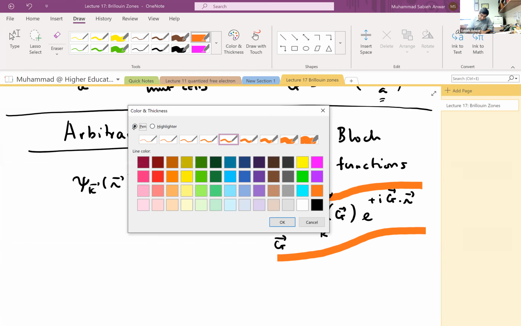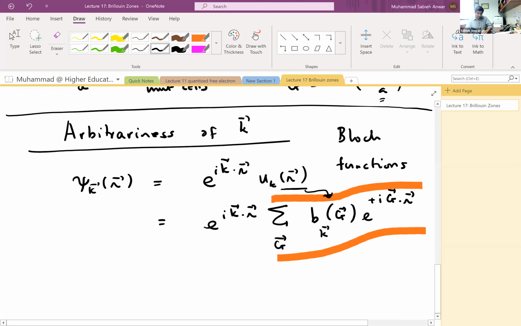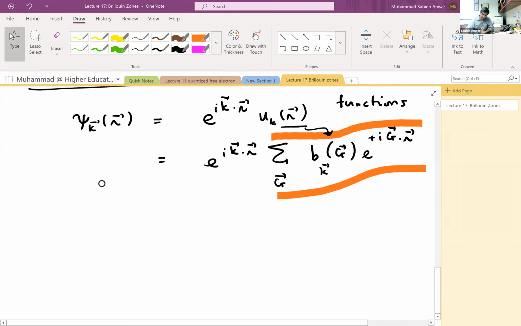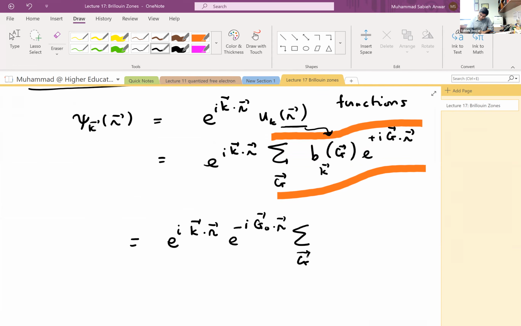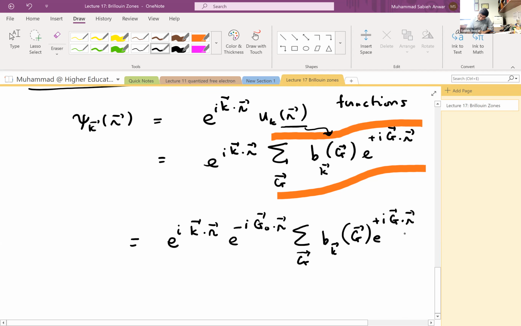Now what we could do is the following. I could multiply with minus i G naught dotted with R. So if I do that, I could write sum over G of b_K(G) e^{iG·R} times e^{-iG naught·R} times e^{iG naught·R}.